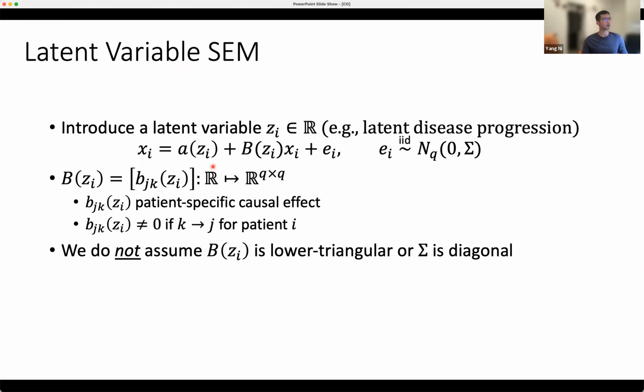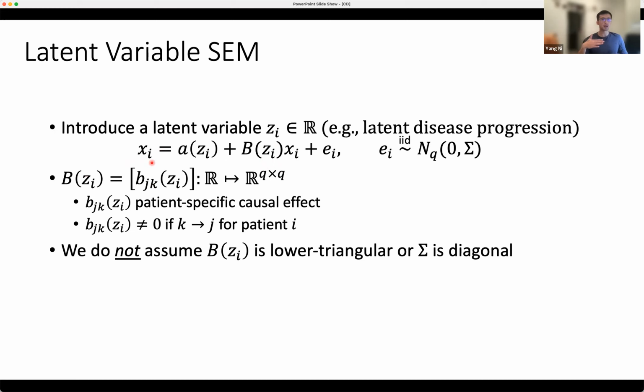Particularly, I'm going to insert this latent variable Z_i into the parameters A and B, but most important is B. Forget about A, it's not that important. We're going to model B as a function of Z_i. Z_i is latent, and we write this B matrix as a matrix function of Z_i. Because Z_i is now indexed by i, the distribution of x_i is not going to be identical anymore across i, because that distribution depends on B, which depends on Z_i.